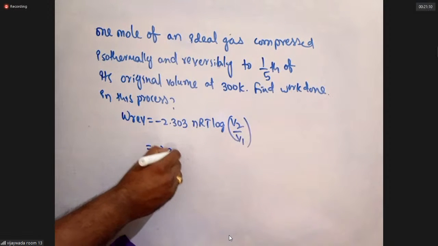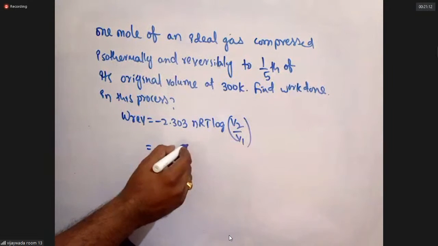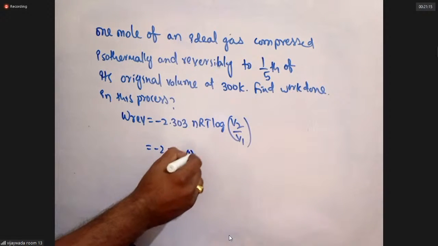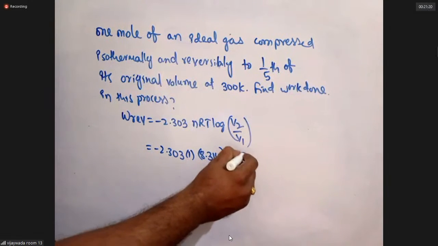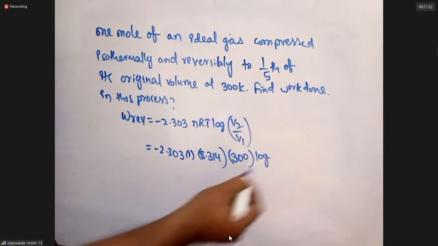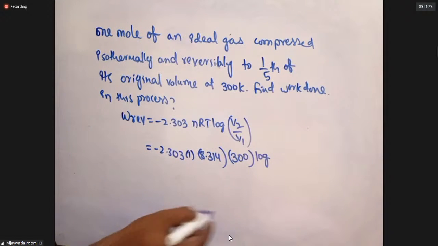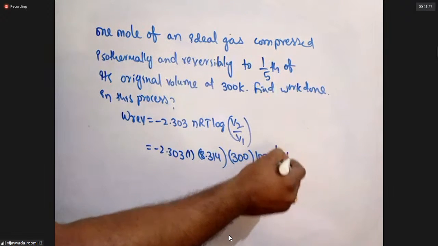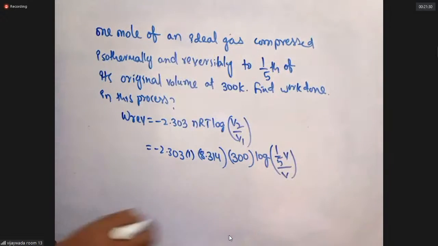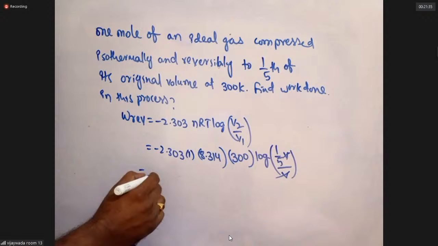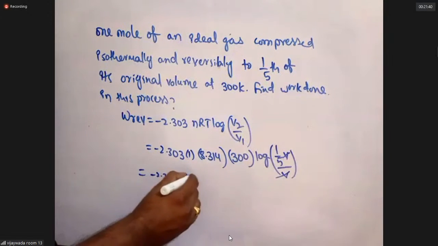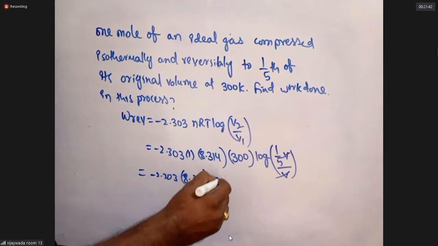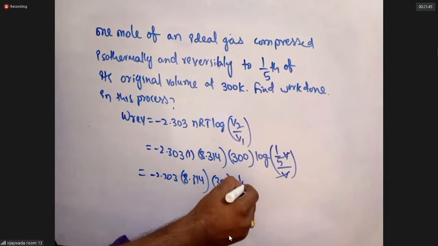Minus 2.303, n value 1 mole, R value 8.314 joules, T value 300 Kelvin, log V2 is 1 by 5 of the initial volume V. V gets cancelled. Now minus 2.303, 8.314 into 300 log 1 by 5.